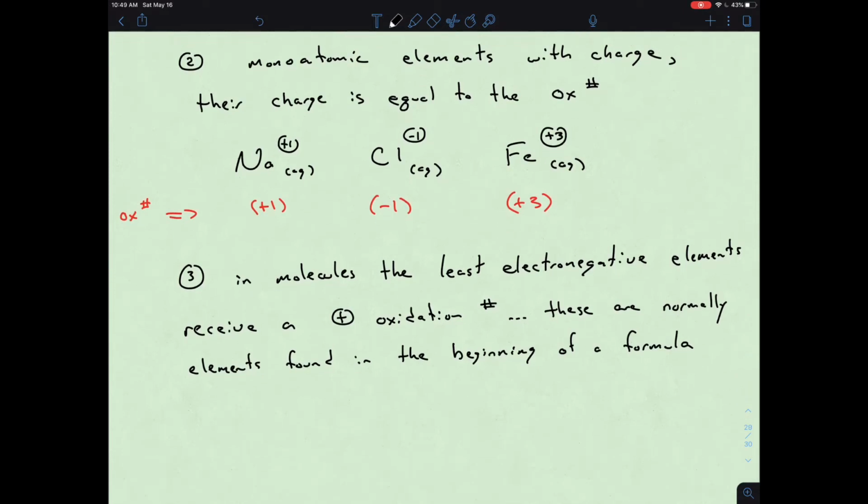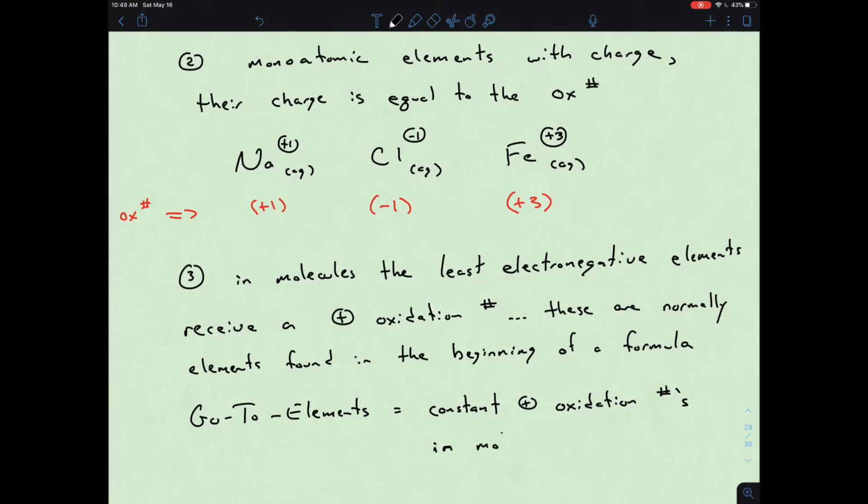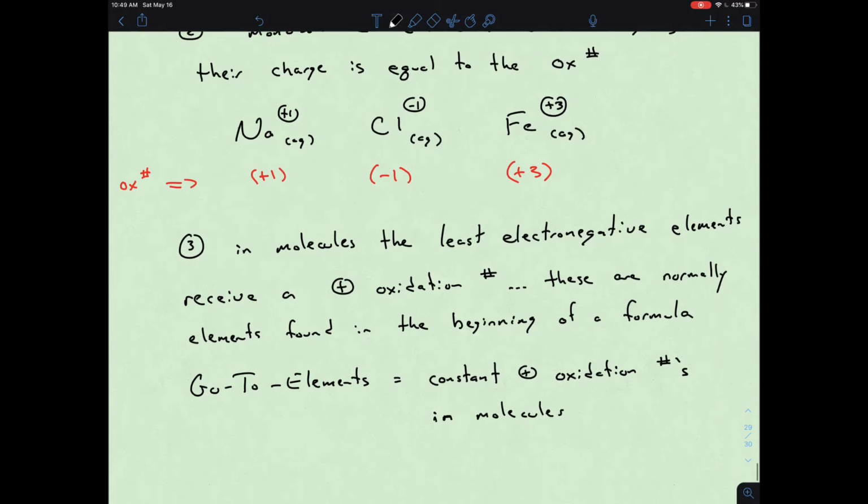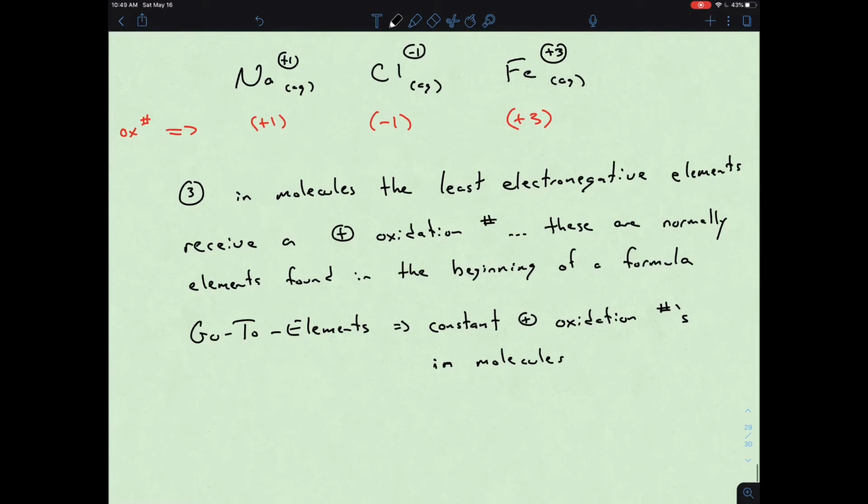There are some go-to elements, which have constant, positive oxidation numbers in molecules. And so I like to highlight those types of elements.